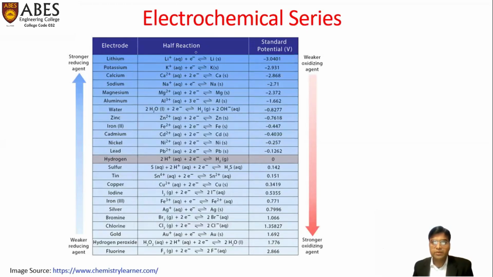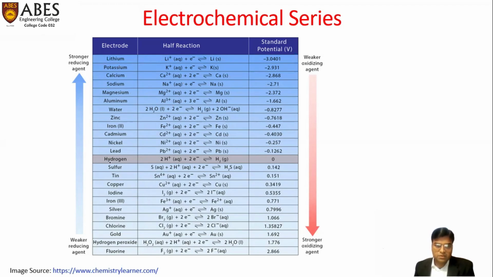So when we arrange them in the increasing order of reduction potential, such a series is developed. This is called the electrochemical series. So the electrochemical series may be defined as a series in which the elements or the ions are arranged in the increasing order of their standard reduction potential. From this series, we can observe a few things.